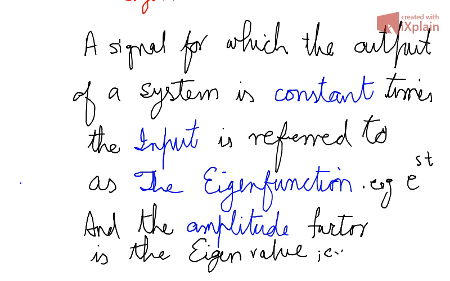In our above example, h of s is the amplitude value, or that constant. Keep in mind, you saw it in the form of an integral, but if you solve that integral, it's actually a constant.